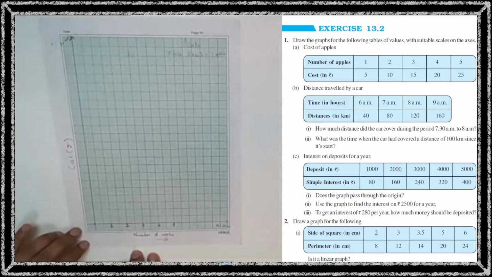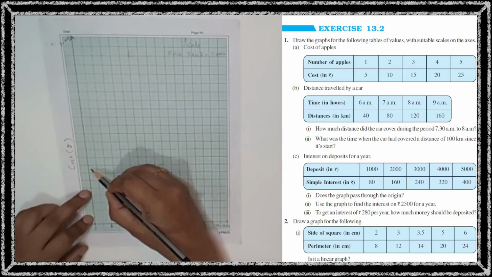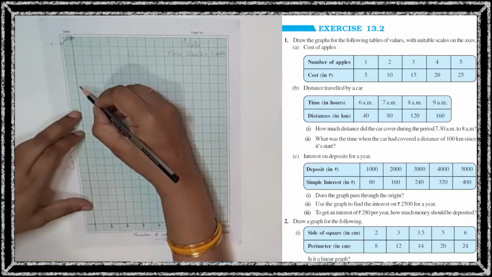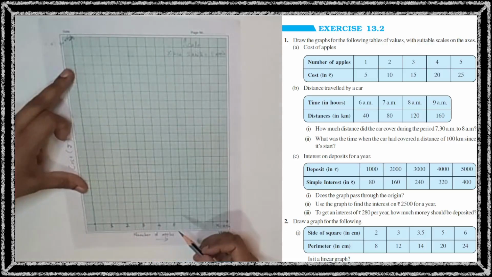Then I have the y-axis ranging from 5 to 25. So clearly if you count the blocks here, you have 5, 10, 15, 20, and I don't have 25, right?